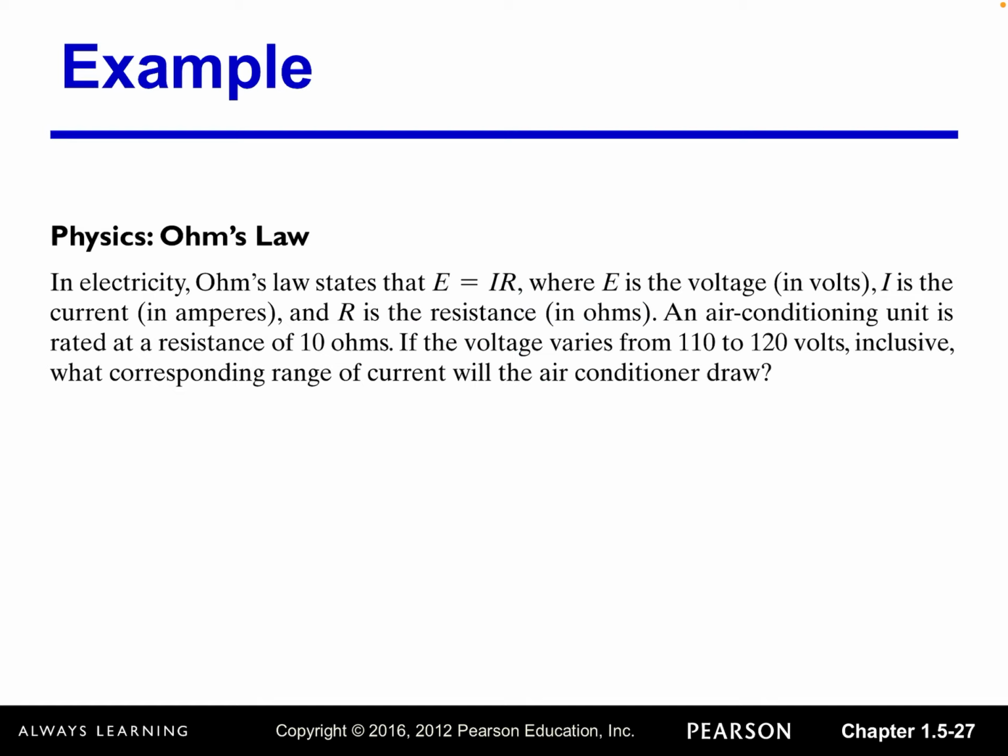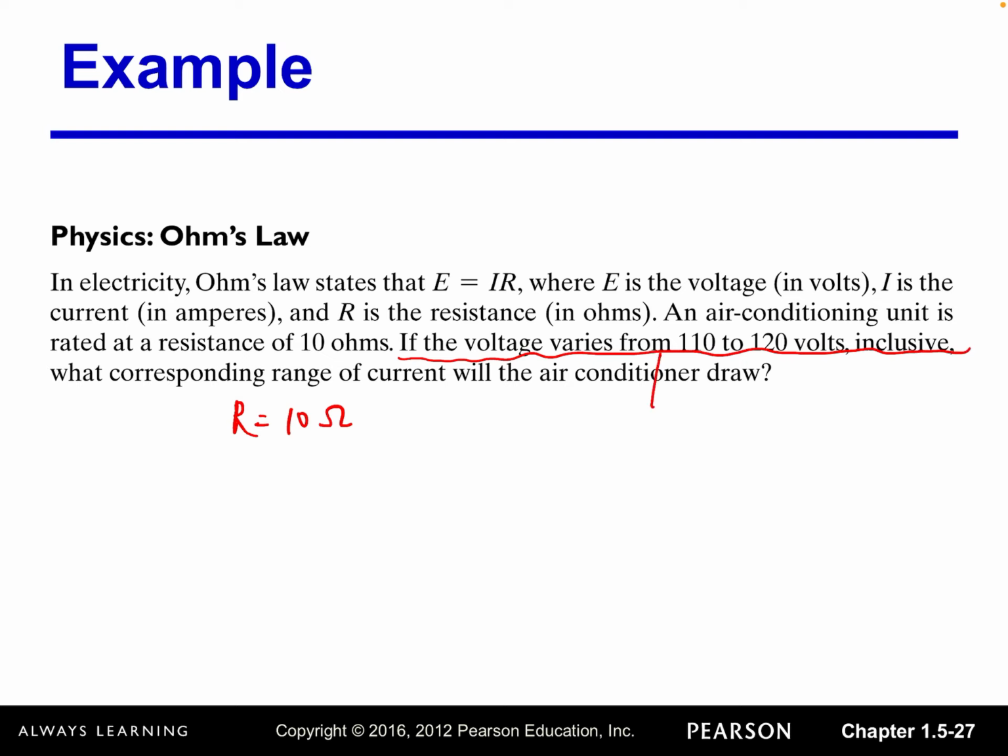An air conditioning unit is rated as a resistance of 10 ohms. Okay, so R equals 10 ohms. If the voltage varies from 110 to 120 inclusive, so what that means to you, voltage varies from 110 to 120 voltage inclusive, and the question is, what corresponding range of current will the air conditioner draw?